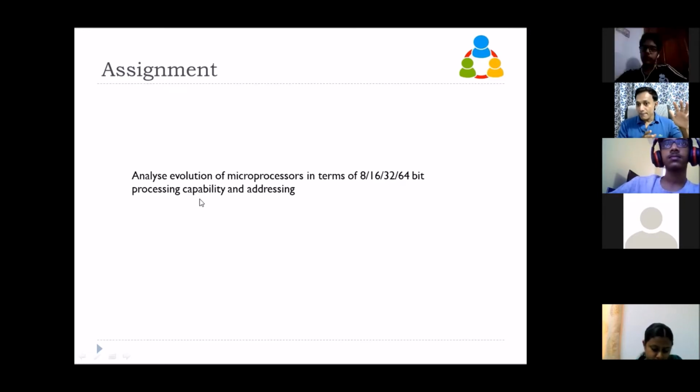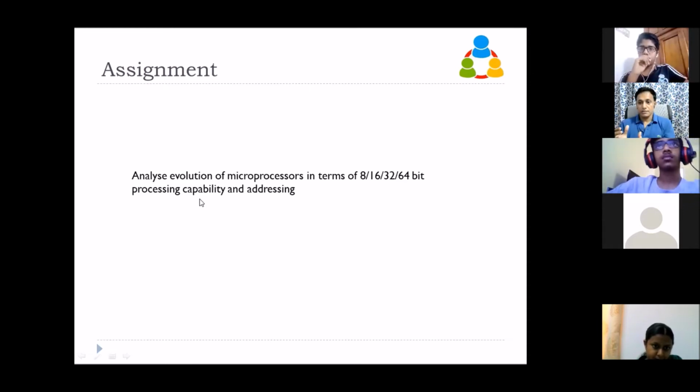You know what RAM is, right? RAM takes data from your hard disk and does the processing. If the processor does not have the capability to deal with large numbers, if you use a 16-bit processor, the largest decimal number you can deal with is 2 raised to 16 minus 1.